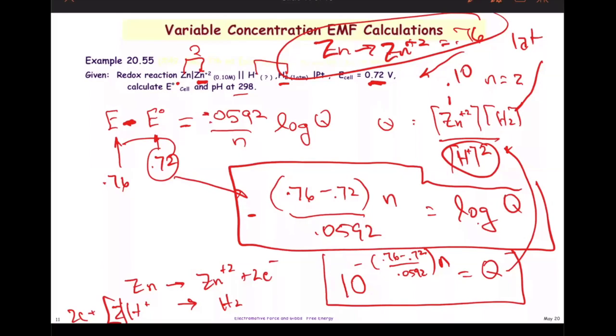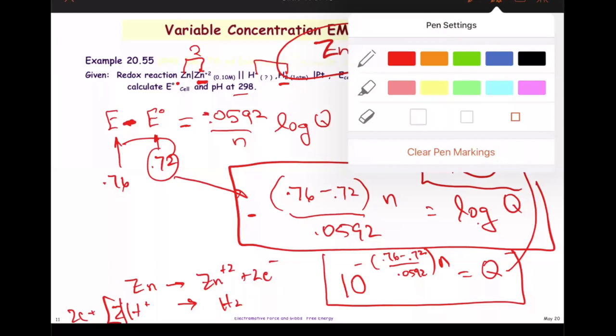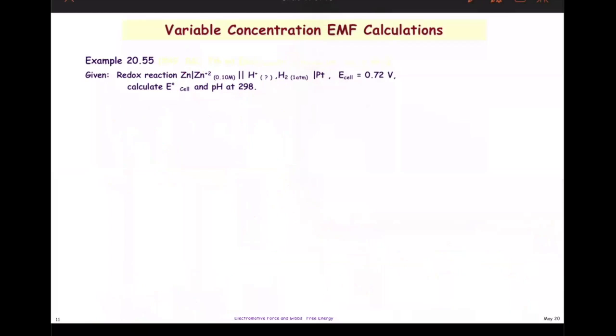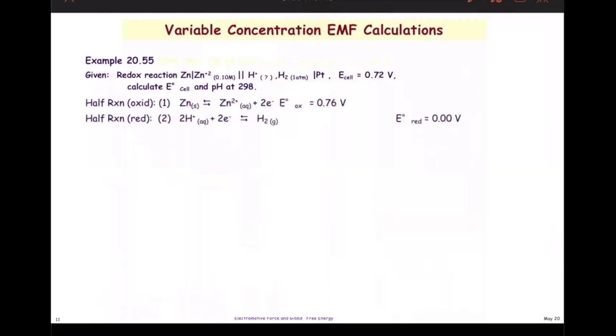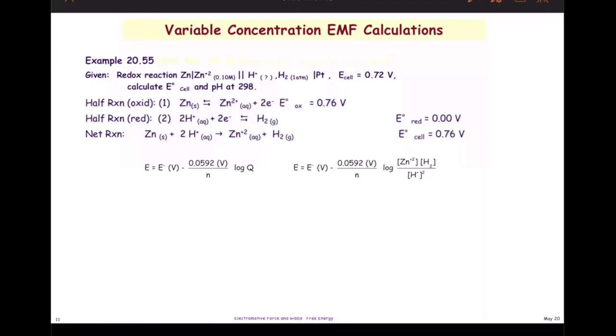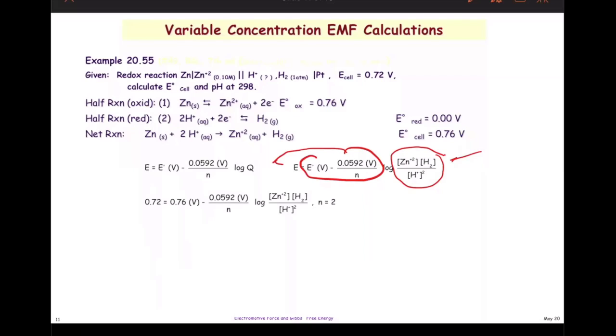Anyway, this is the equation that you will use. Let me show you this real quick. A lot of this is just math. So you see this equation right here? This is my log Q. When I simplify that, I bring these terms to one side and isolate this right here.